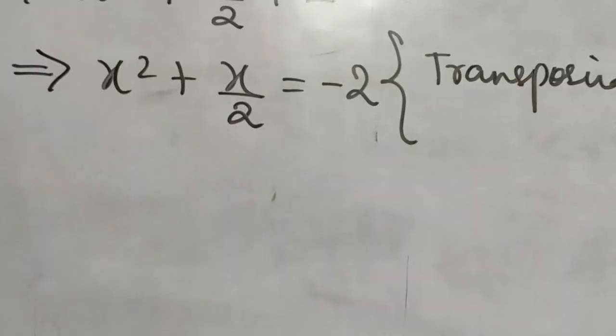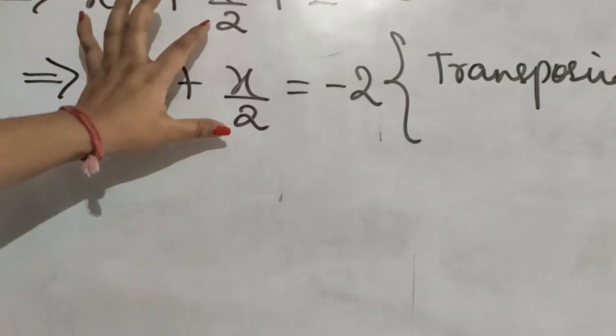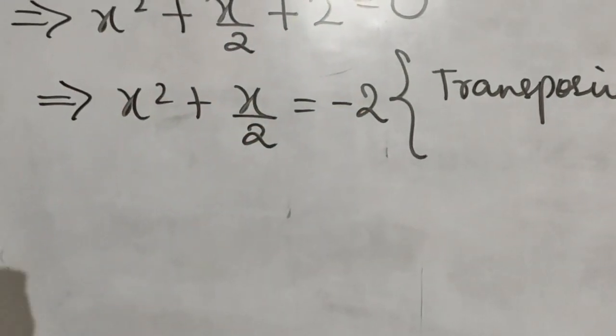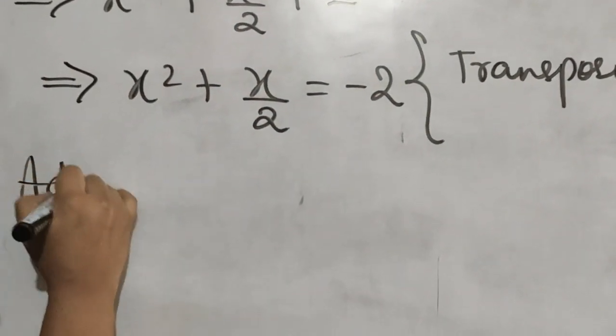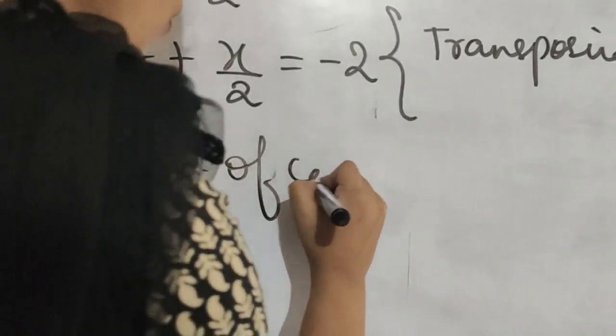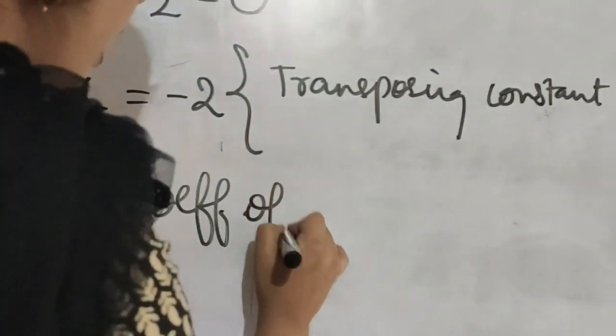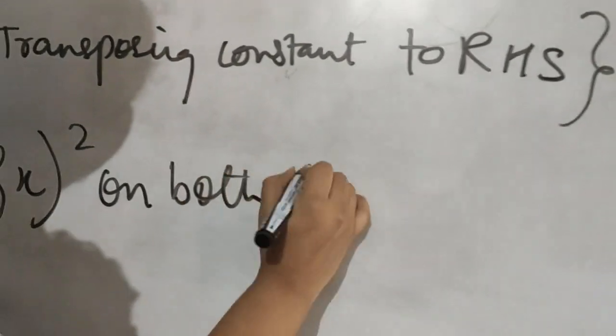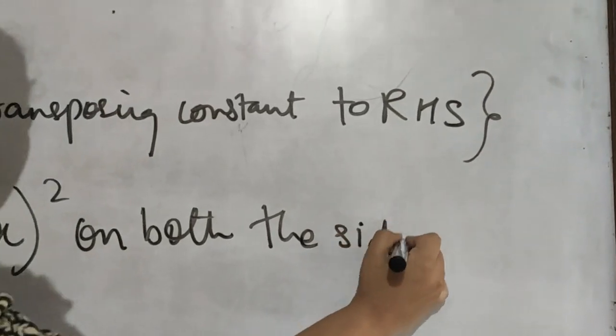Our next step. Now we are going to add the half of coefficient of x whole square on both the sides. Let us do this. First of all, you will write adding half of coefficient of x whole square on both the sides.